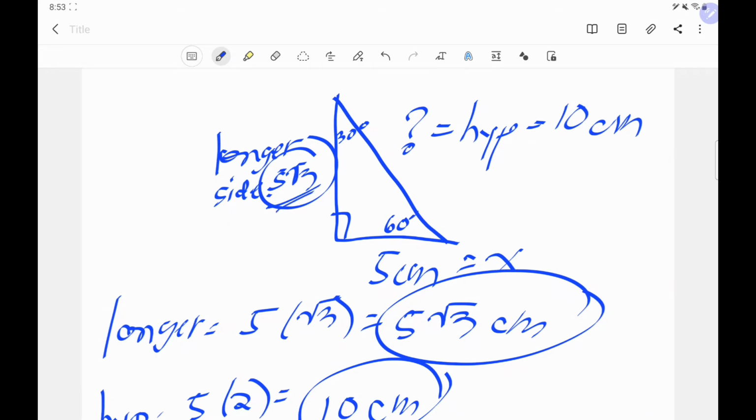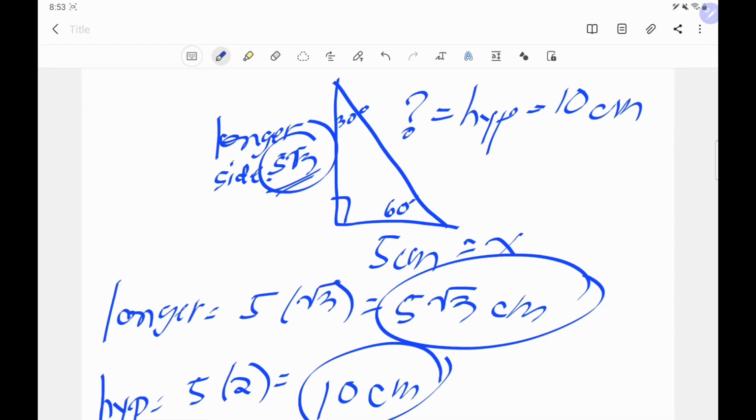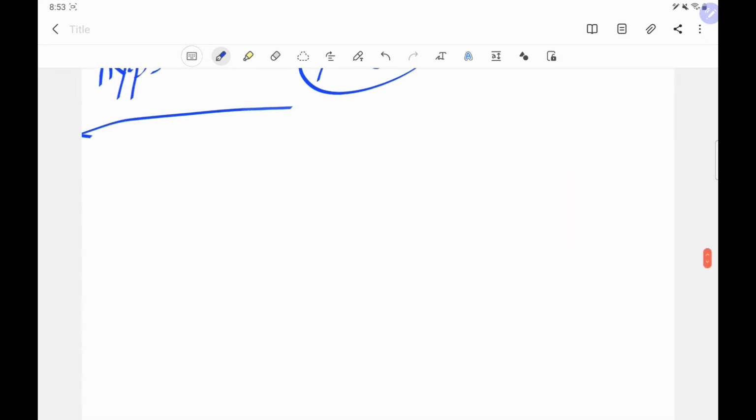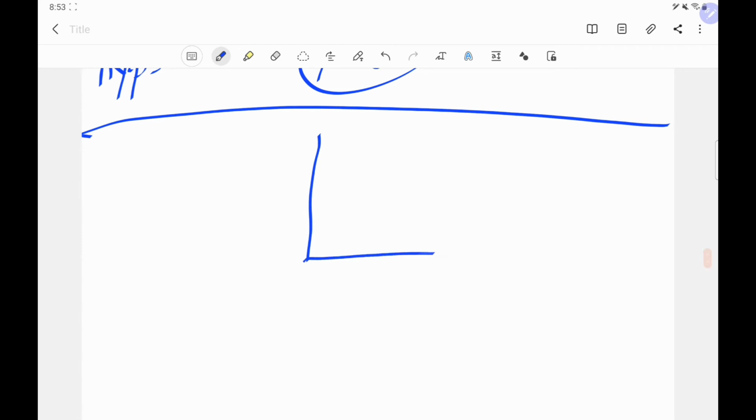Now, what if the shortest side is not given and the given is the hypotenuse? For example, let's say we have another triangle here. Let's say this is your 60 degrees again, and this is 30 degrees, and this is your 90 degrees. And the given is the hypotenuse, let's say it's 20 centimeters.